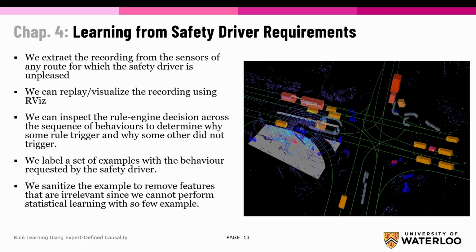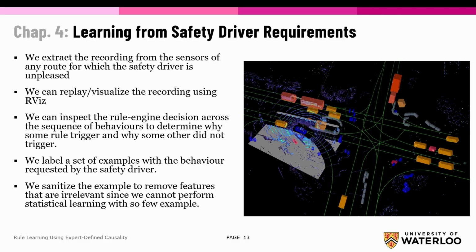So every time that he takes over, we are going to record that and extract information out of it. We can use visualization such as the RViz software, and we can monitor the sequence that we have recorded, because we could record every run that we do, and we can inspect the rule engine decision using forward chaining and backward chaining to understand which rule triggered and which other rule did not trigger. And then we can have a discussion with the safety driver to discuss if it's really a misbehavior, and if it is, we can come to an agreement with the safety driver about what we should have done differently.